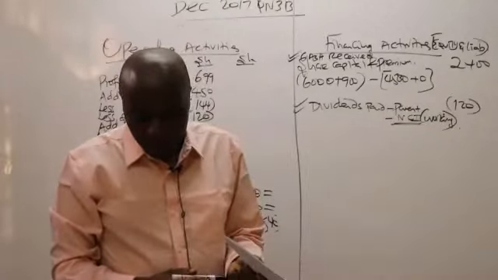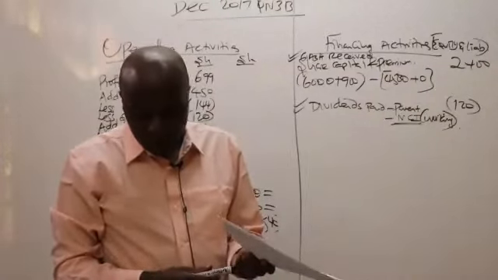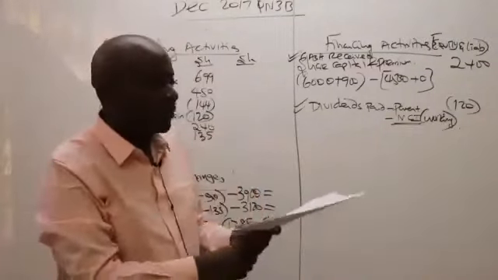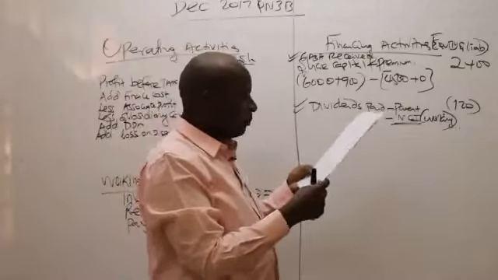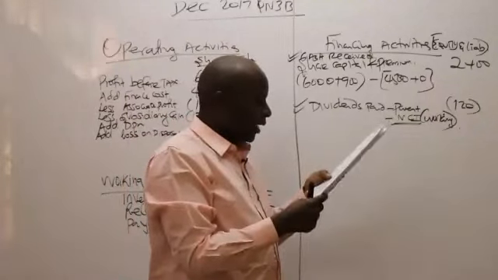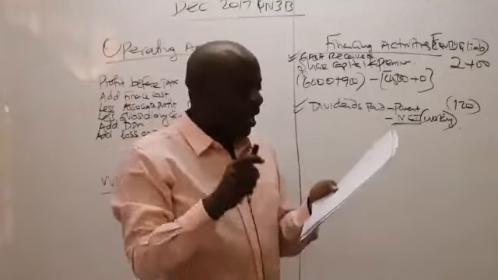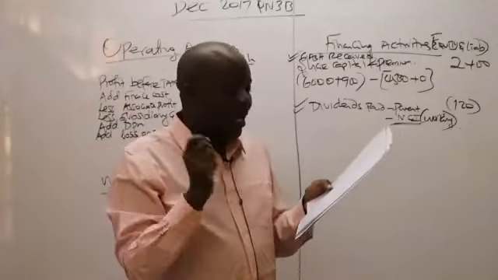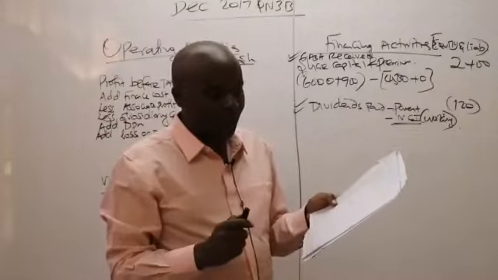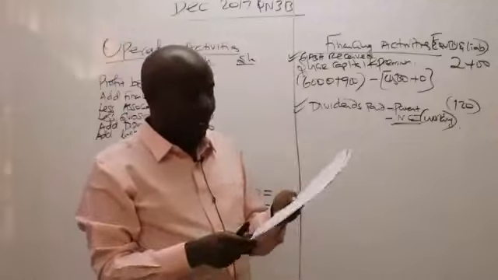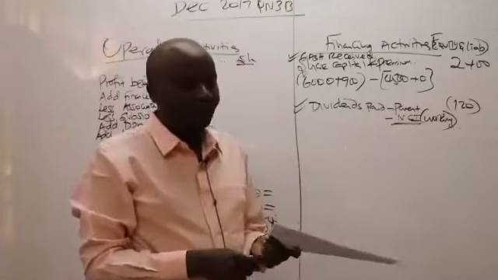Let me give you a minute to give me these loans, the bank loans. Ladies and gentlemen, you can see the bank loans that we have here have been accounted for under non-current liabilities.